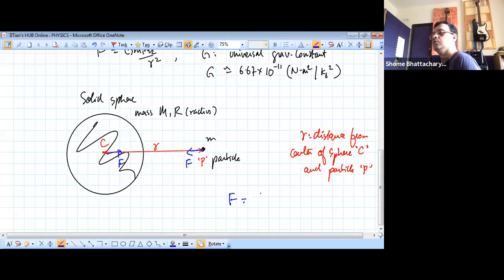F is again equal to G capital M into small m divided by r square. Same formula, even though now it's not one particle, it's a solid sphere interacting with the smaller particle.